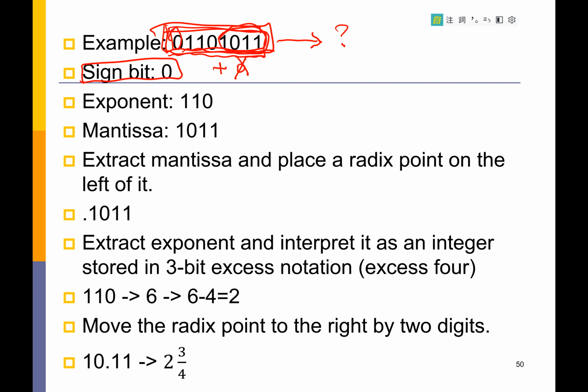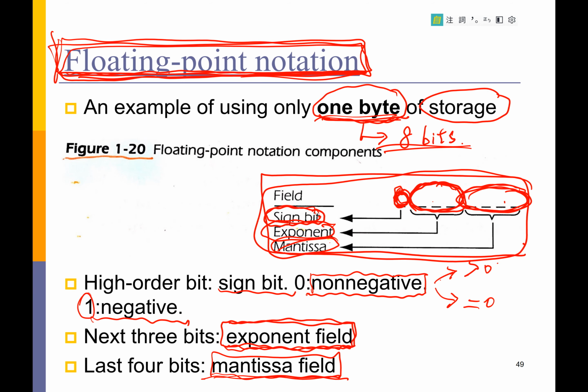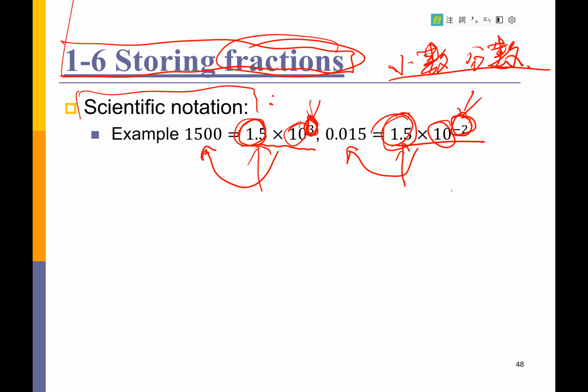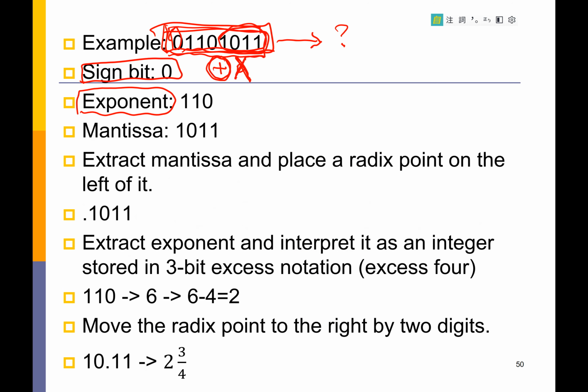So it is a positive number. Now, the exponent contains the following 3 bits, which is 110. The Mantissa is the last 4 bits, 1011.